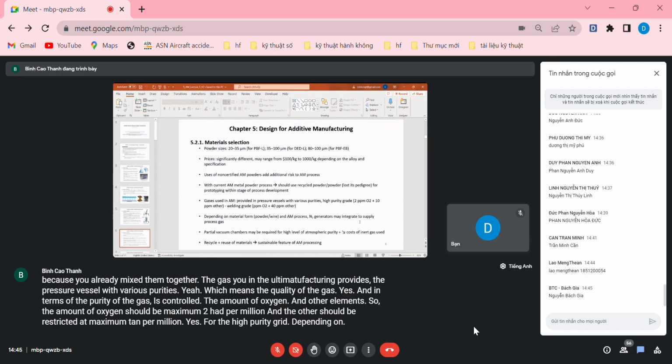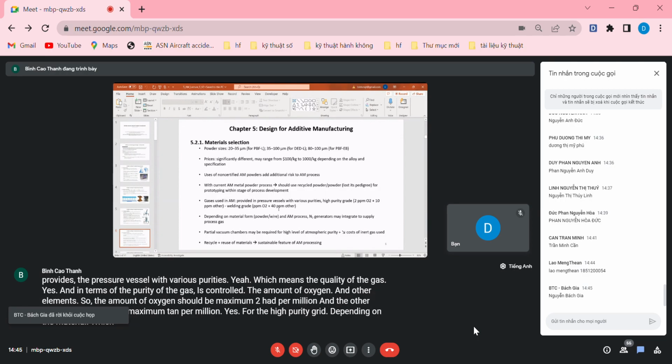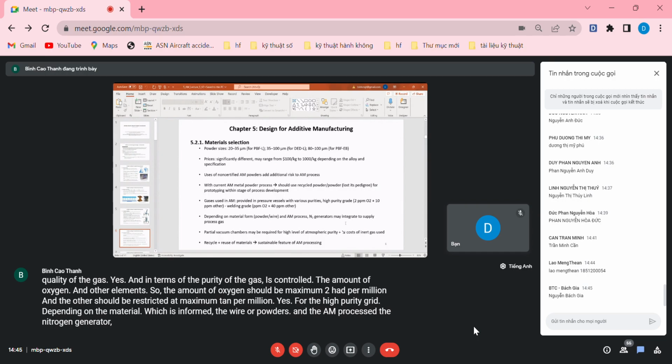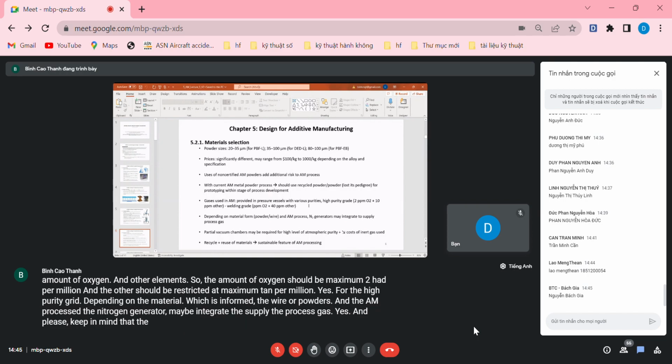Depending on the material, which is in the form of wire or powders, and the AM process, a nitrogen generator may be integrated to supply the process gas. And please keep in mind that the process should not be done at temperatures above 3000.